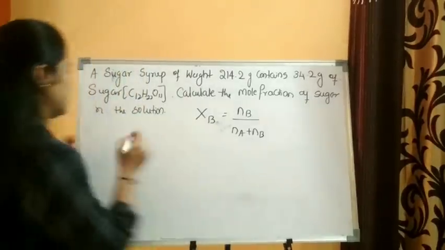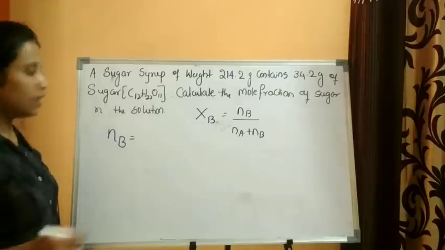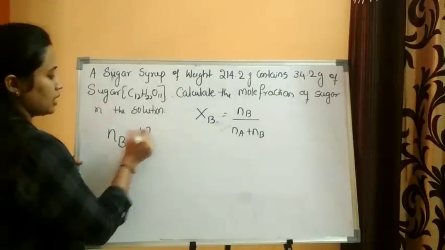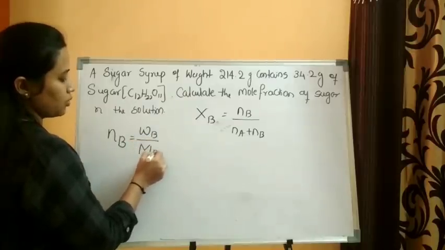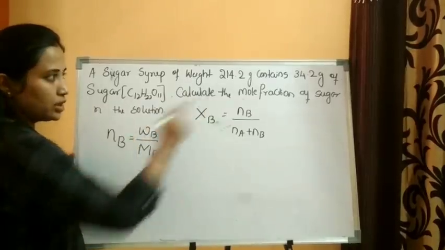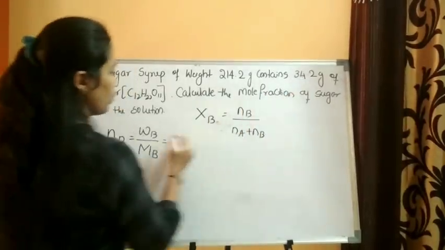Now see, Nb we need to calculate. What do we mean by Nb? Number of moles means Wb divided by the molar mass of the solute. What is the solute here? Sugar. What is the weight of the solute they have given? 34.2 gram.